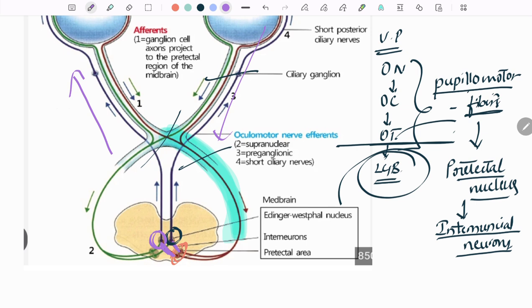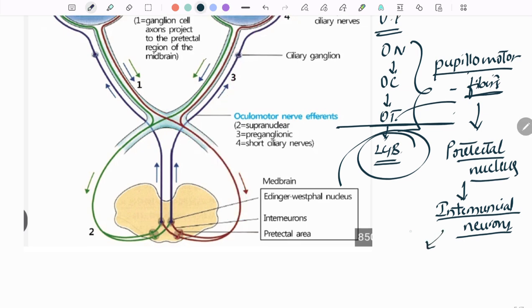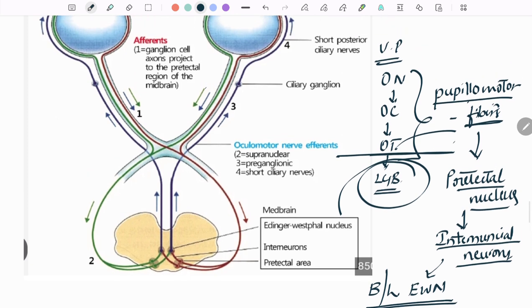Because the Edinger Westphal nuclei are stimulated on both sides. After internuncial, it will be bilateral Edinger Westphal nucleus. Clear? And from the bilateral Edinger Westphal nucleus, this is the cranial nerve 3.